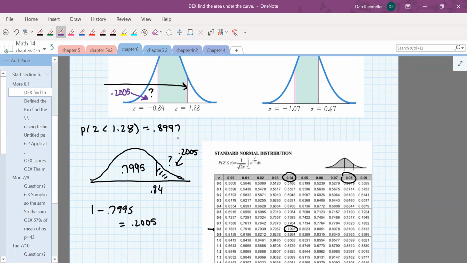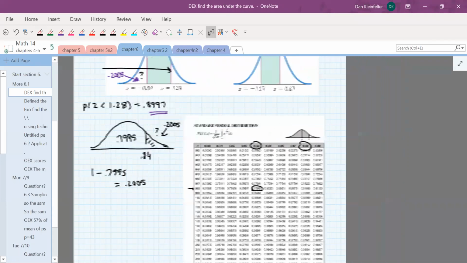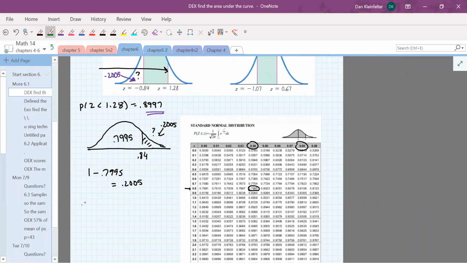So we'll take the 0.8997 that we calculated a few minutes ago and subtract from it 0.2005. Okay, we get 0.6992. All right, so that's probably the most complicated kind.